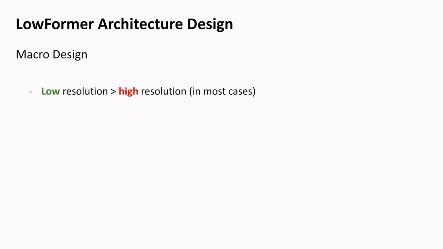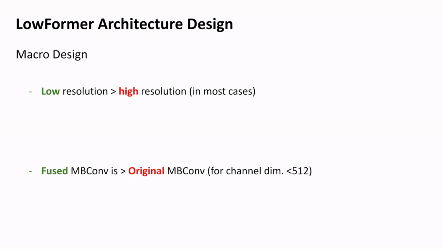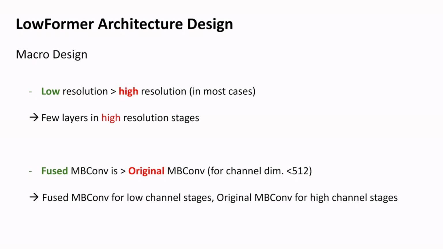Our hardware-efficient macro design follows 2 principles. Letting a model operate on lower resolution is, in many cases, more efficient than operating on a higher resolution. The fused MBConv is faster than the original MBConv in many cases. We therefore employ few layers in the high-resolution stages and apply the fused MBConv for low channel stages, while for high channel stages we apply the original MBConv.